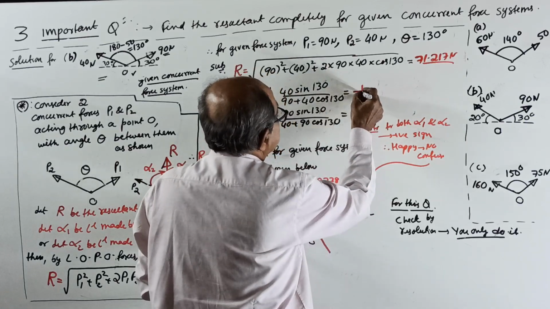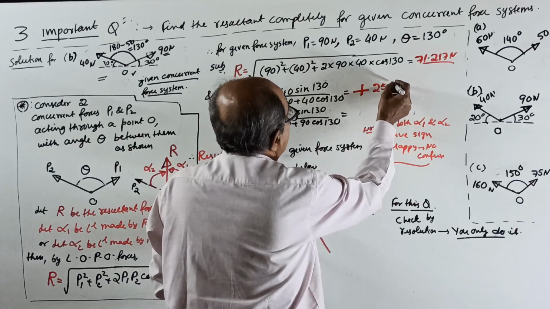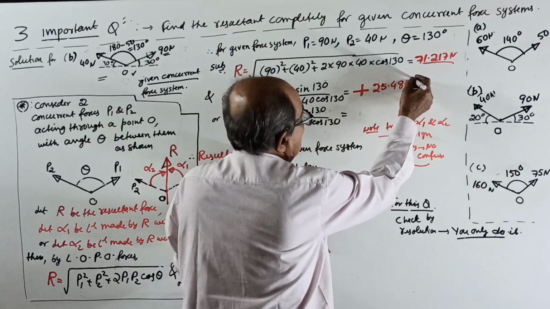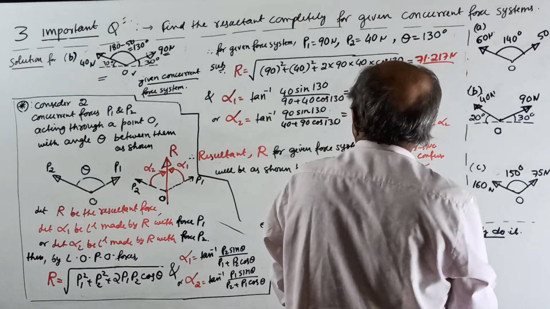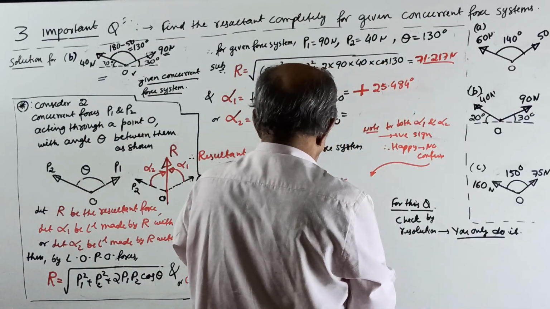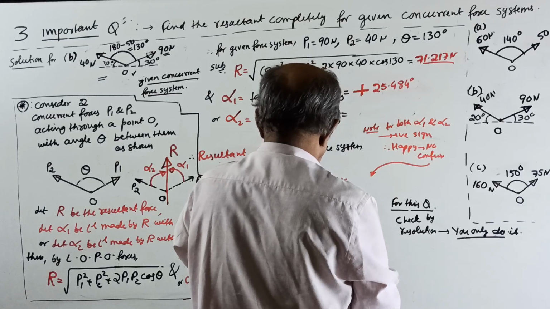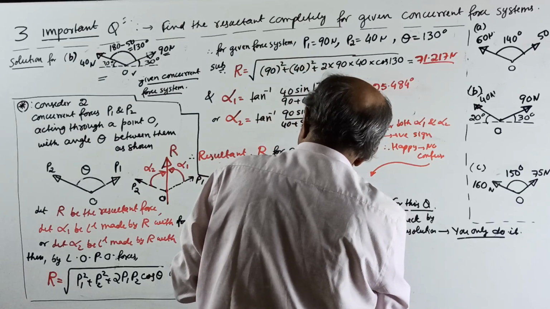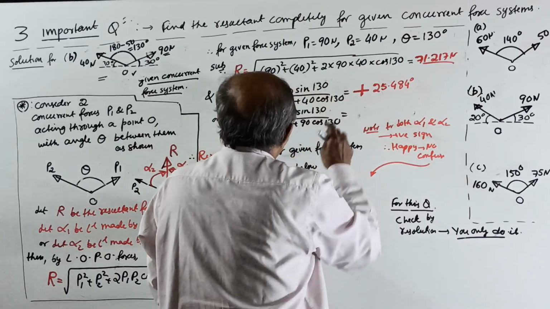Correct? I'll check once again. 40 into sine 130 divided by bracket 90 plus 40 into cos 130, tan inverse. Answer: 25.484 degrees. Correct. And now calculate this angle.